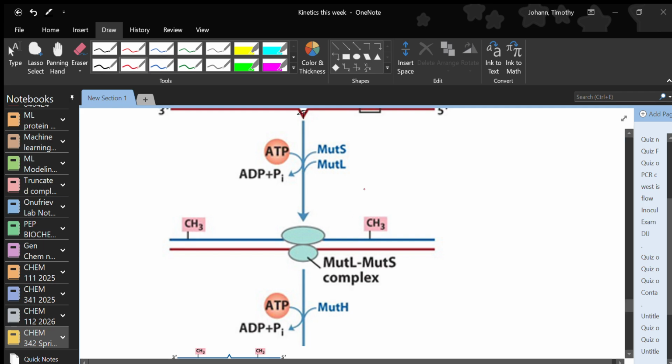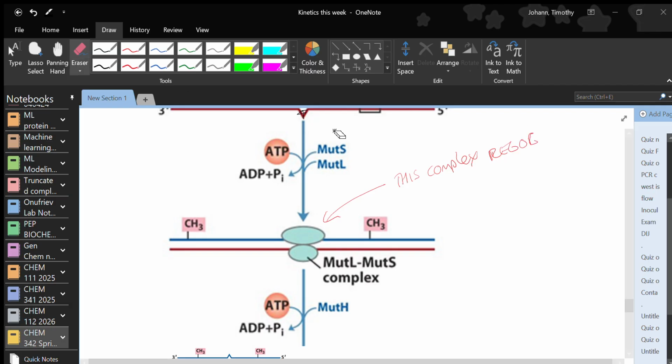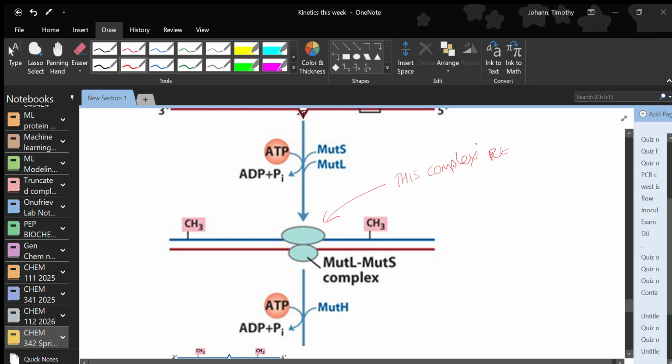So let's go ahead and write that. This complex recognizes the mismatch. All right, we recognize the mismatch.